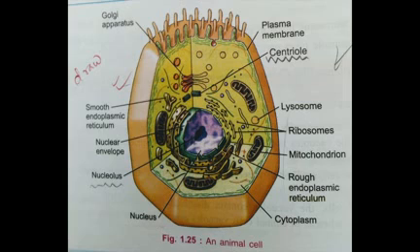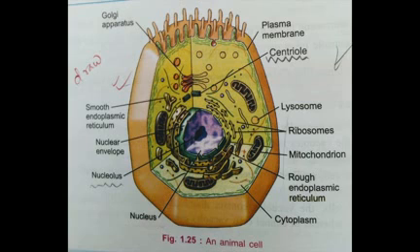The cell membrane or plasma membrane is a living, delicate, semi-permeable membrane, also called a selectively permeable membrane, regulating the movement of molecules inside and outside of the cell.